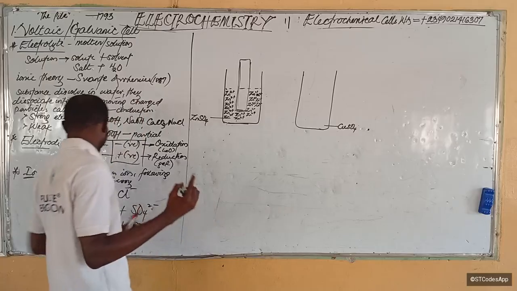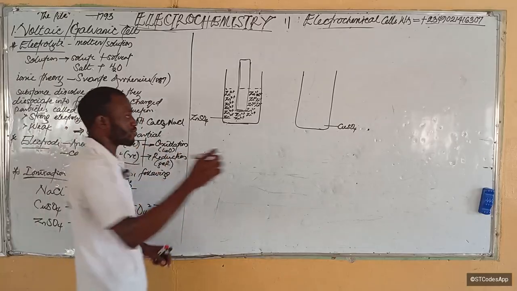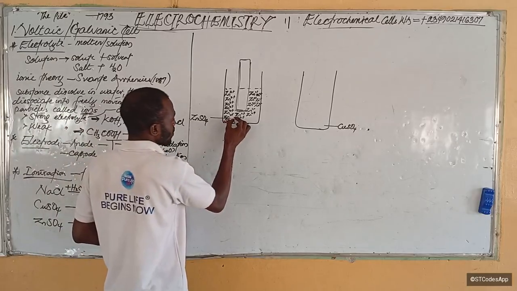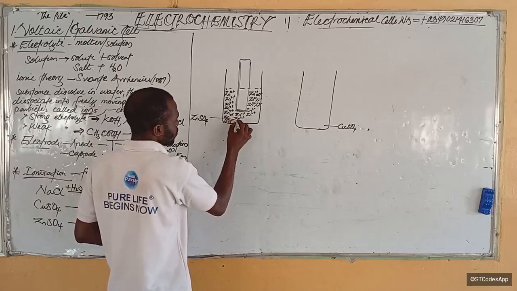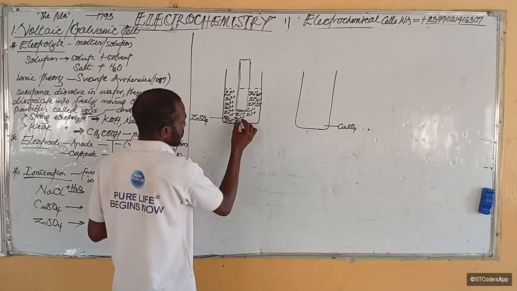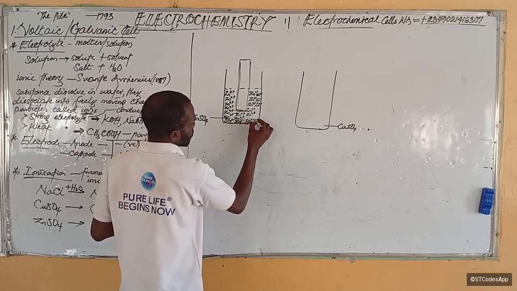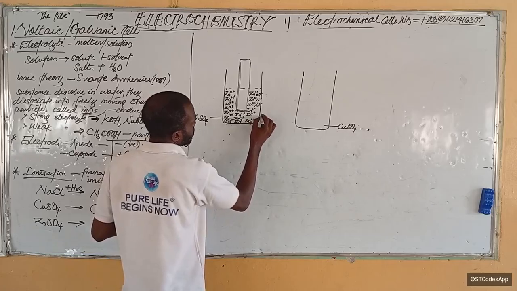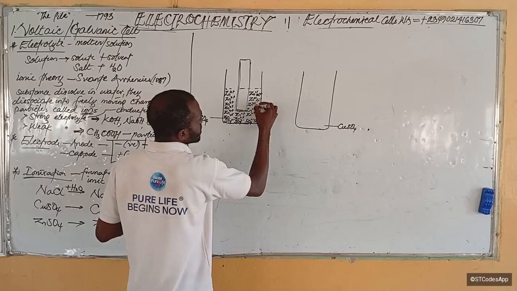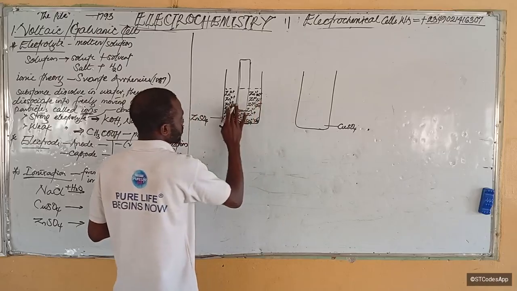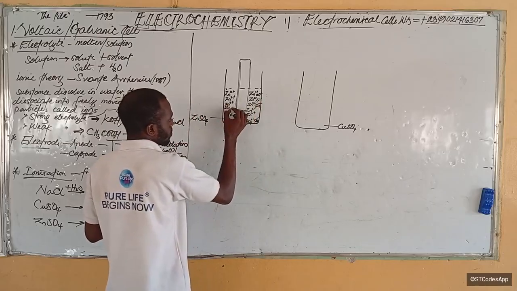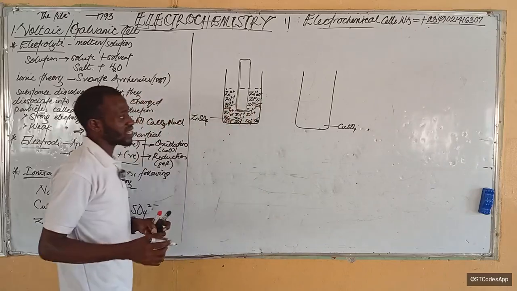Now you tell me, Master, you also said SO4 2-. I just remembered, so there will also be SO4 2-. The reason why I did not put SO4 2- first is because SO4 2- is not a target here.